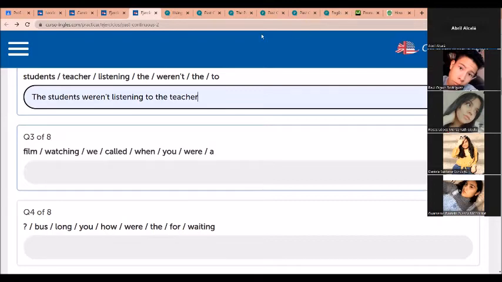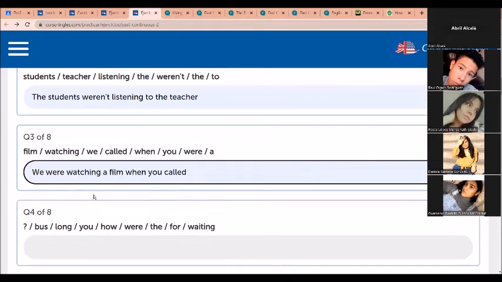Yes, we were watching. We were watching a film when you called? Good. One more time. We were watching a film when you called. Repeat. We were watching a film when you called. Good. All right.